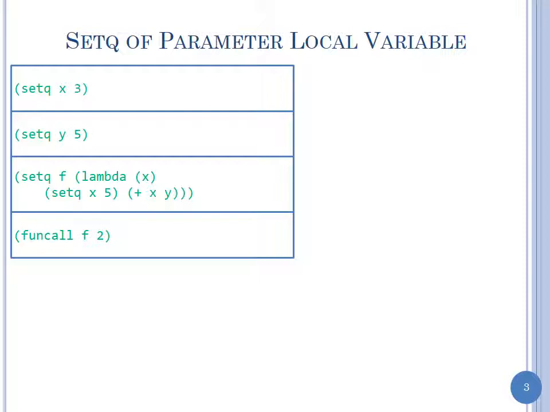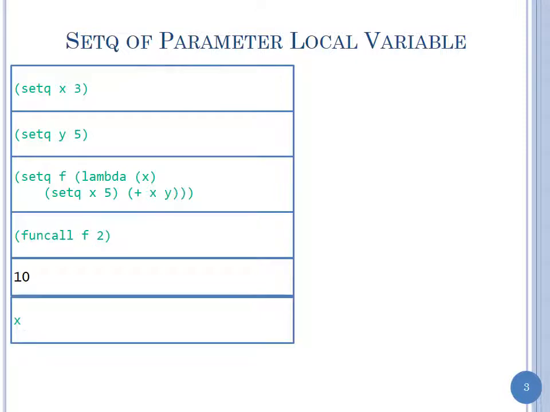Is it 10? Okay, it's 10. And if I type x after I call the function, what should happen? The x changed in the local scope, the global x did not change.